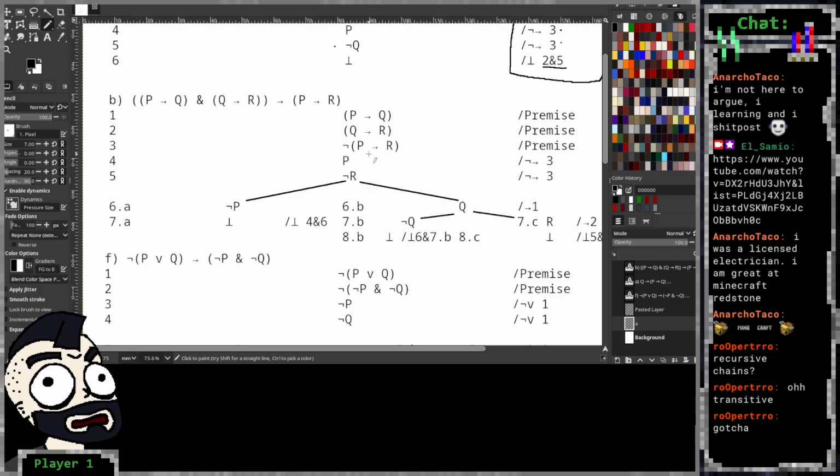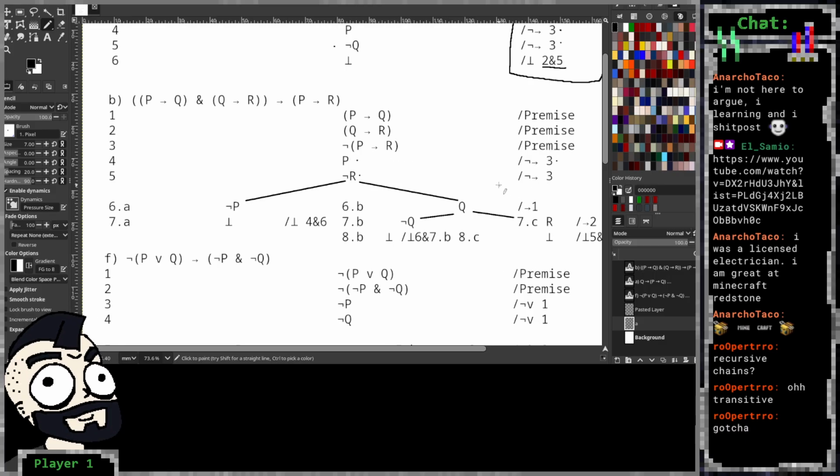Then I will analyze the formula at 3 because it is the only one that doesn't split off branches. So 3 is an implication negated, so negation of the implication at 3 gives me P and not R, the affirmation of the antecedent and the negation of the consequent.